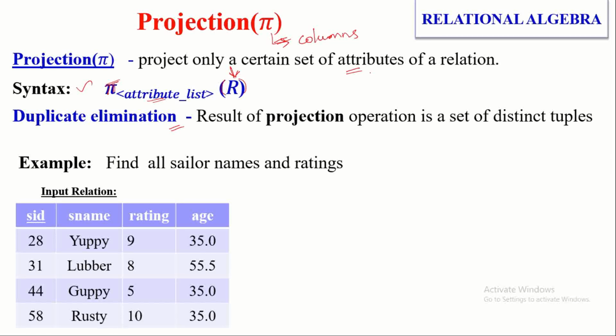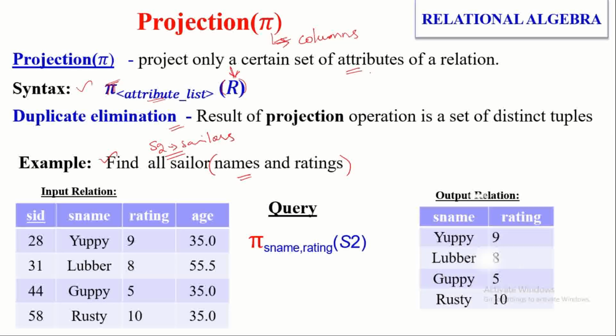Let us formulate a query based on the projection operator to find all sailors' names and ratings present in the S2 instance of sailors. What attribute list must be present in the output table? Sailors' names and ratings. What is the input table? The S2 instance of sailors. So the input table and attribute list are available, and now we can apply the projection operator.